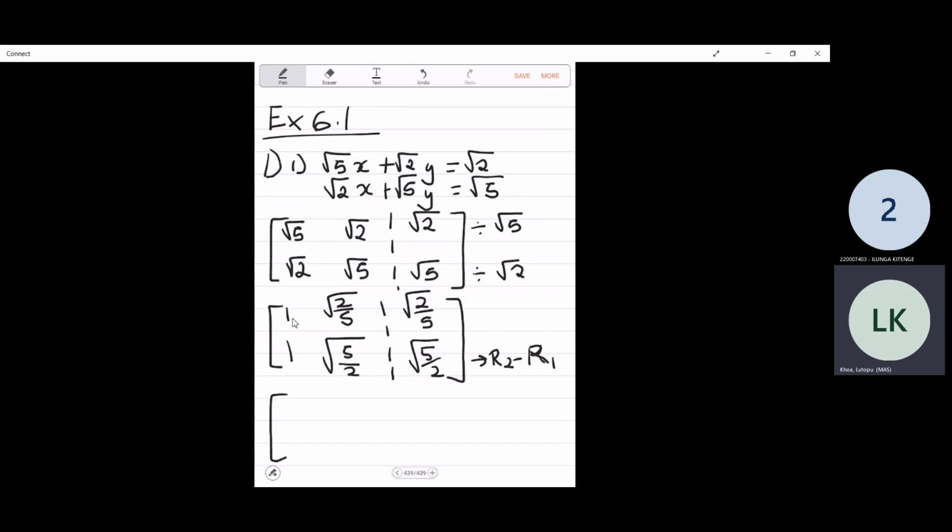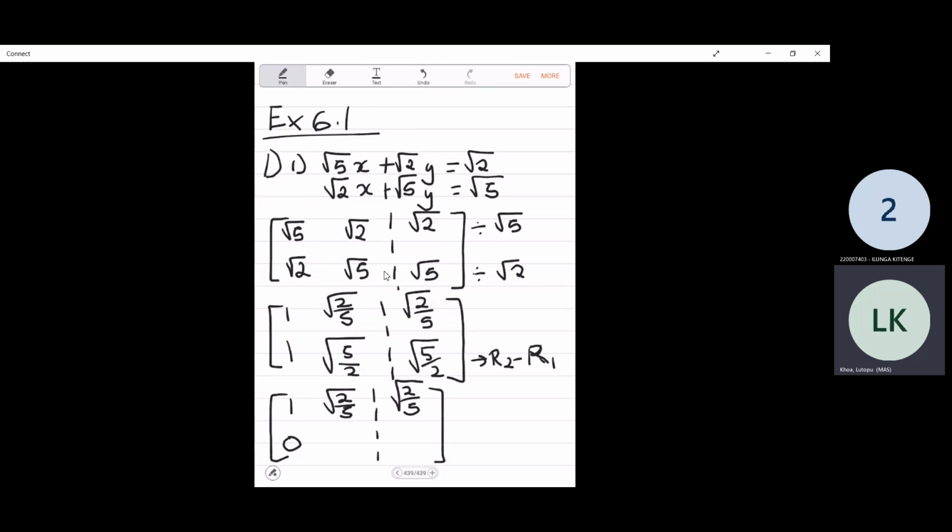Then from there I have 1, square root of 2 over 5, square root of 2 over 5, and this is 0. Then I have square root of 5 over 2 minus square root of 2 over 5.